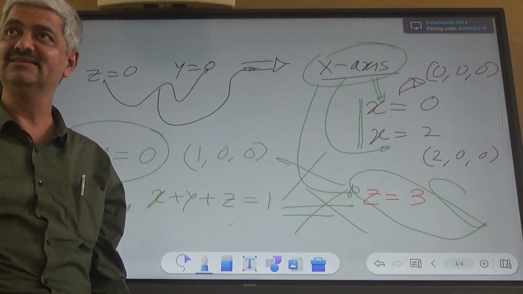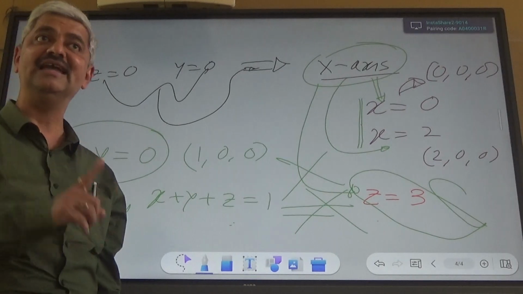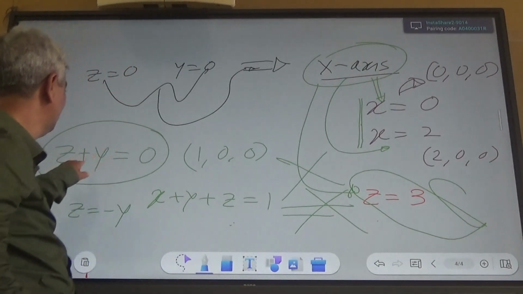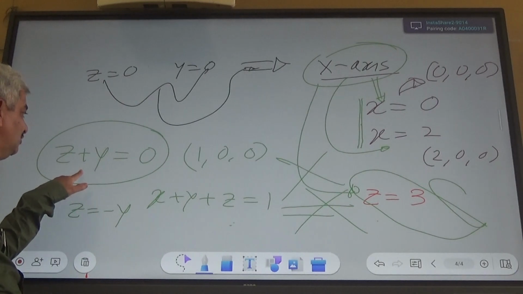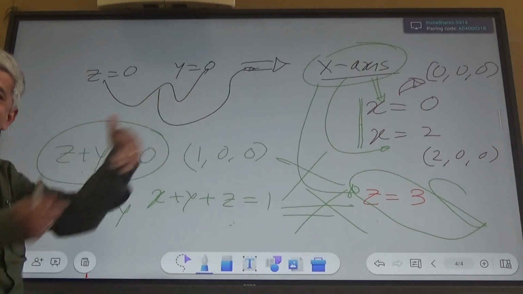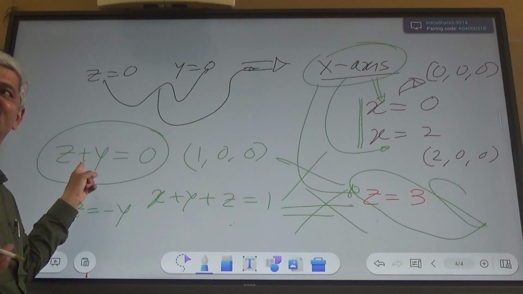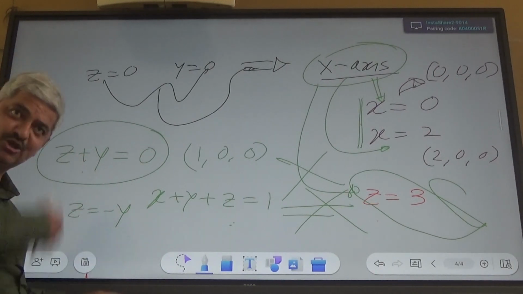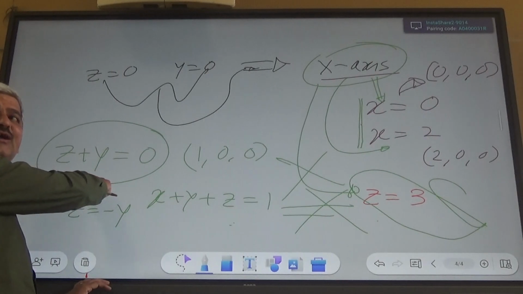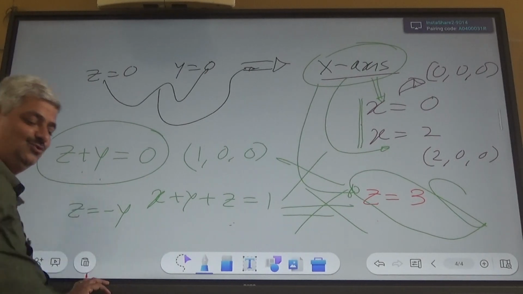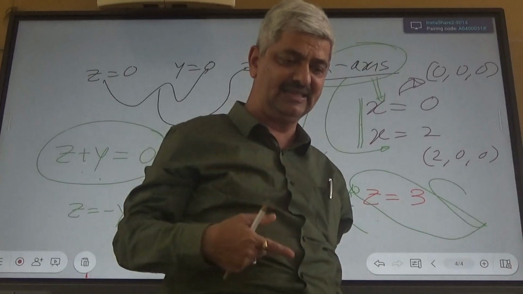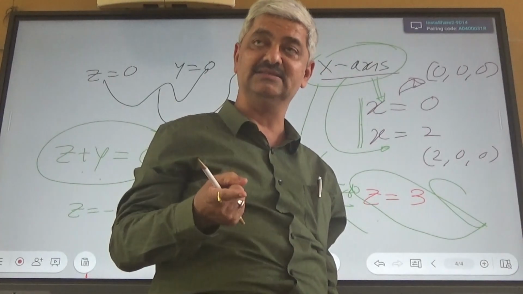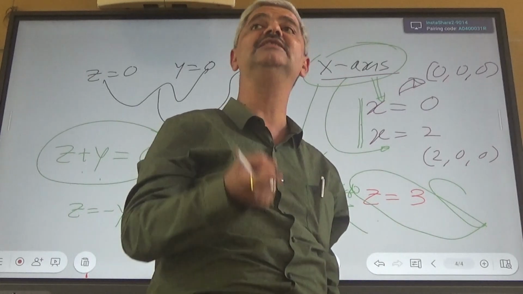Number one, the line belongs to the plane. So, z plus y equal to 0 and the x-axis, any axis allowed. So, the x-axis belongs to the plane z plus y equal to 0. So, a line and a plane, the line may belong to the plane, it is consistent with infinite solutions.